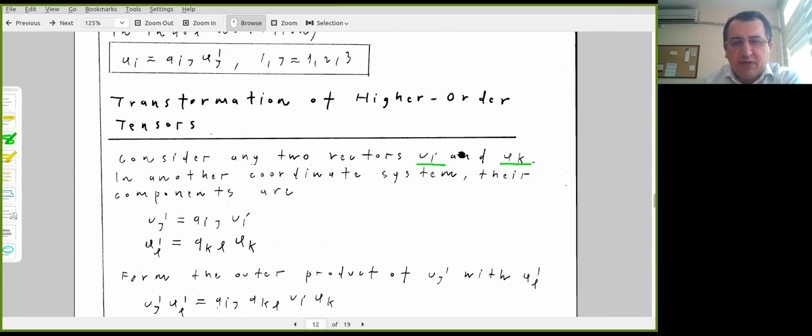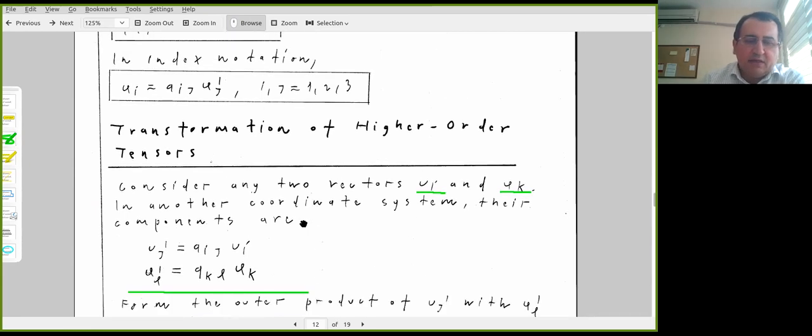And I can apply vector transformation on them, assuming that they are vectors. According to our transformation formula, uj prime is aij ui. This aij is transformation matrix. And vl prime is akl vk. This was derived last time.